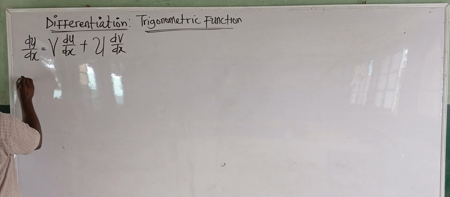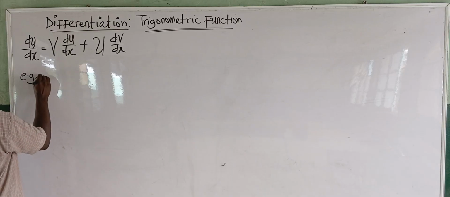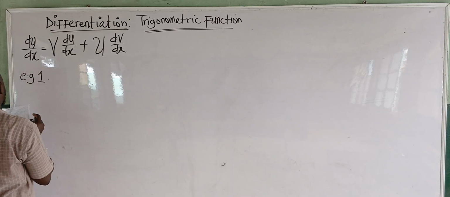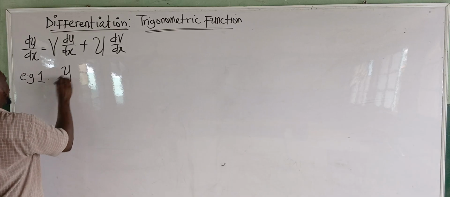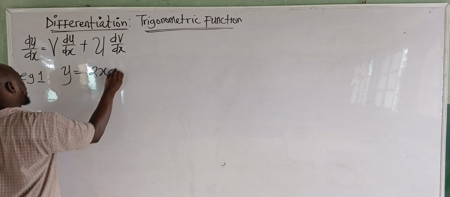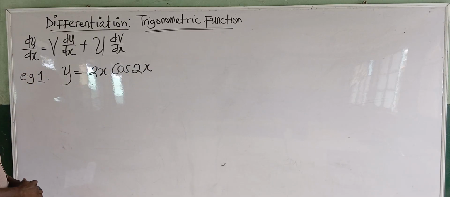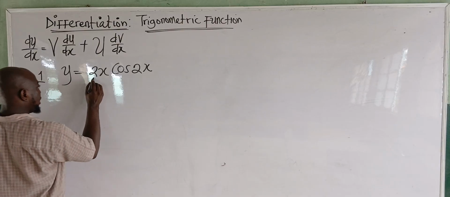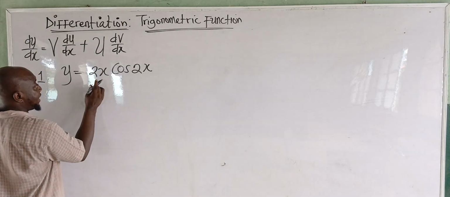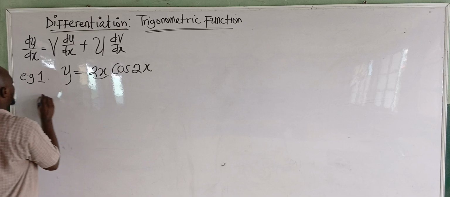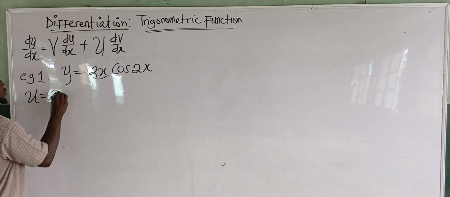The first thing we're going to do, example 1, is to find some variables. We say y is 2x cos 2x. So your first variable here is my u. Let u be 2x.